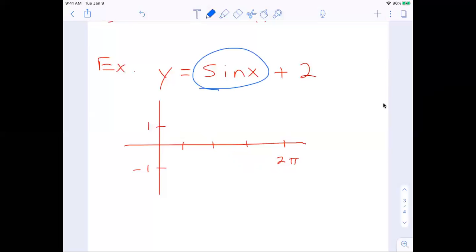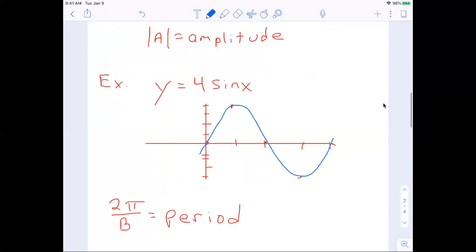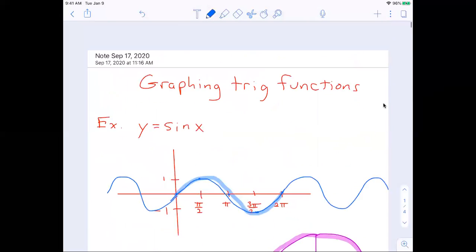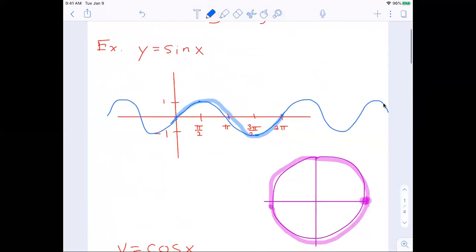So we're going to graph the sine of x, and the sine of x always looks the same way, okay? We're focused on this part of that sine graph. It always has a period of 2 pi.